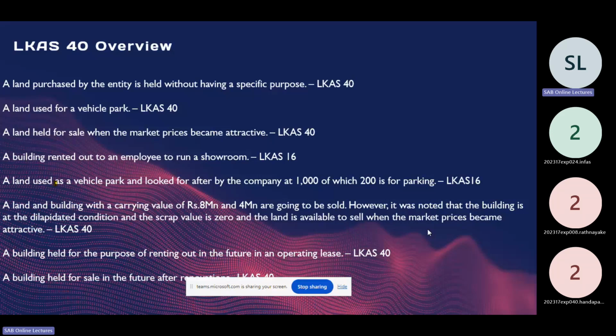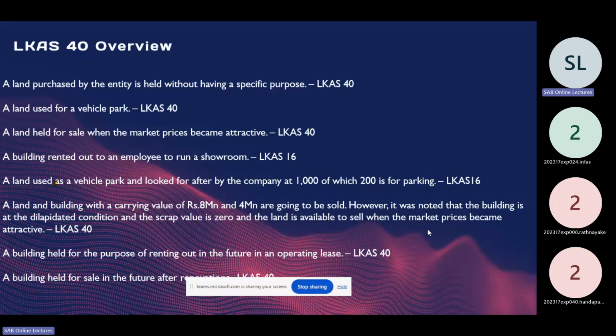For example, land purchased by an entity without a specific purpose, where the market price has increased in the future, and then the owner sells at the market price, or the land is rented out for a vehicle park.